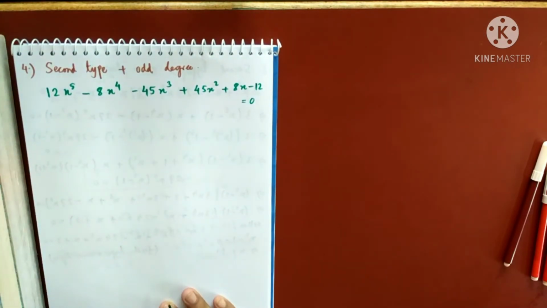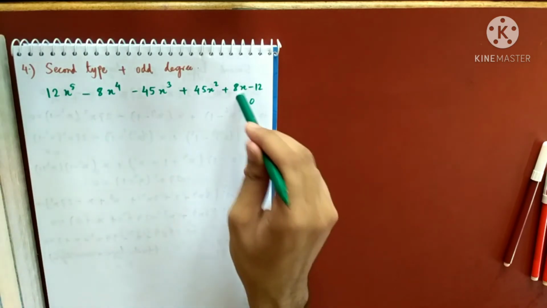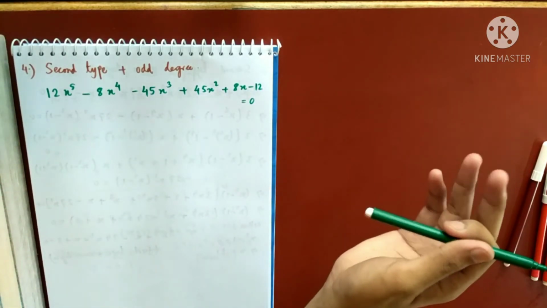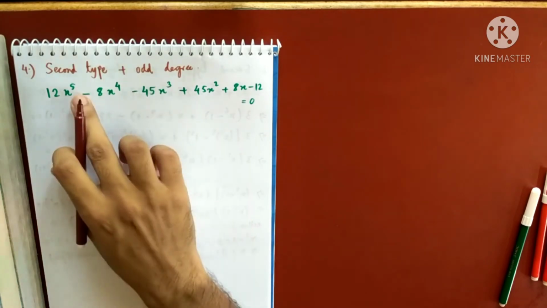It is clearly second type first of all, because 12 and minus 12, minus 8 and plus 8, minus 45 and plus 45. That means the coefficients from the beginning and from the end are equal in magnitude but opposite in sign, and it is clearly of odd degree.